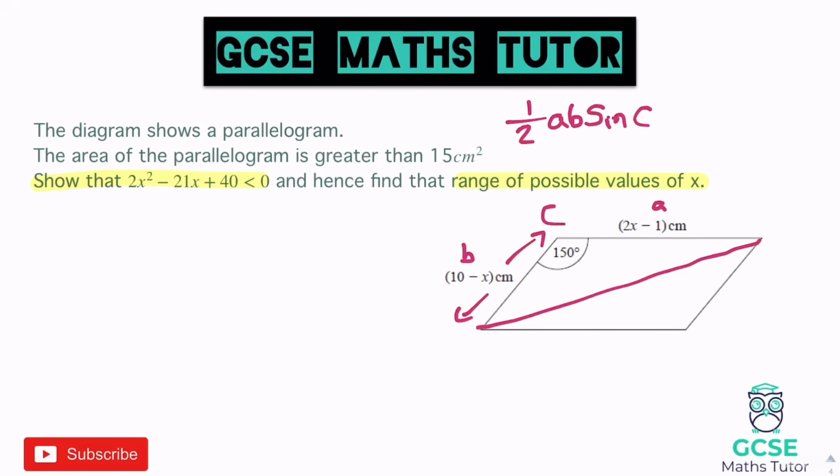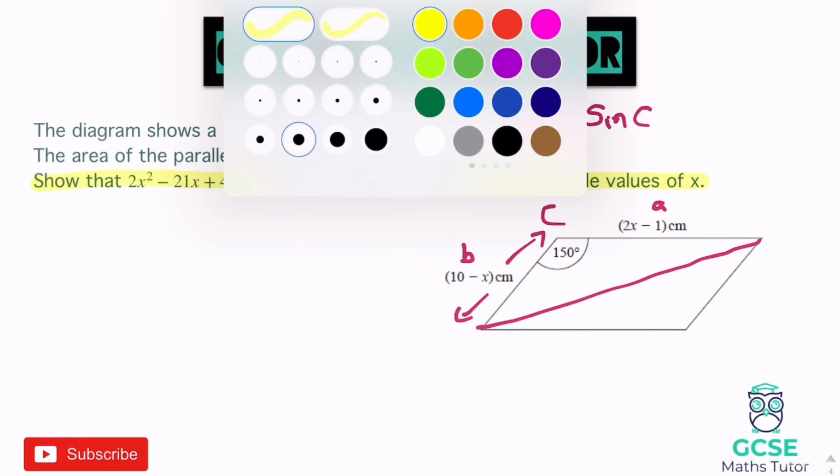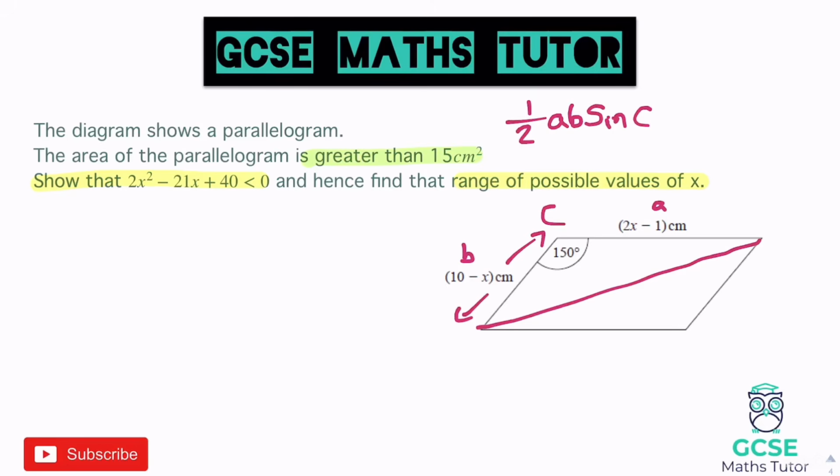If we start plugging these pieces into our half AB sine C, we should be able to get the area. Remember as well, it says in the question that the area is greater than 15, so we are going to make our inequality as we get there, and it is going to be a quadratic, as we've got double brackets to expand.